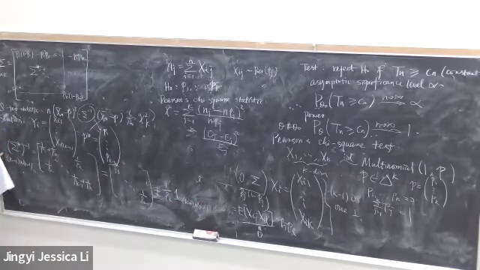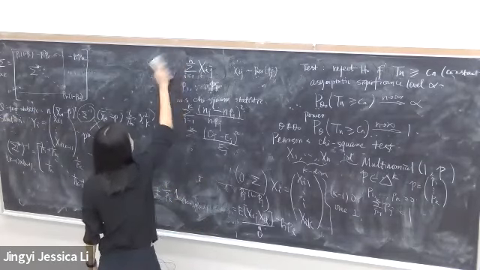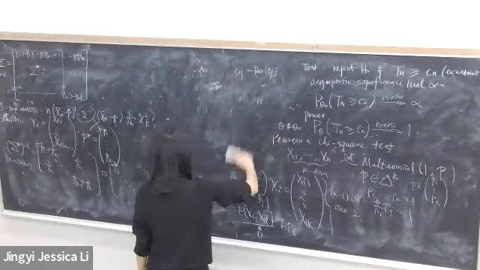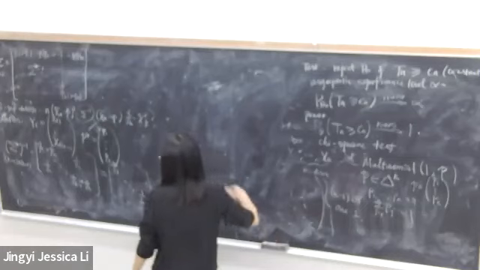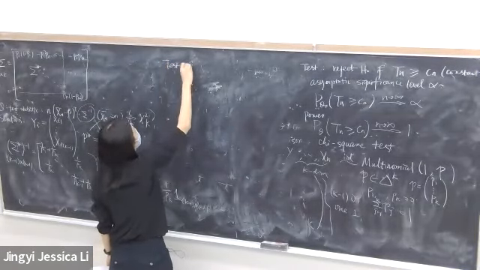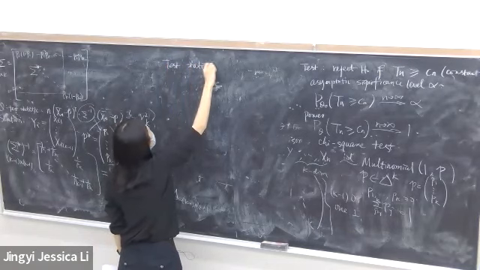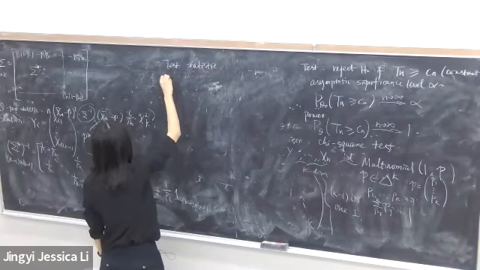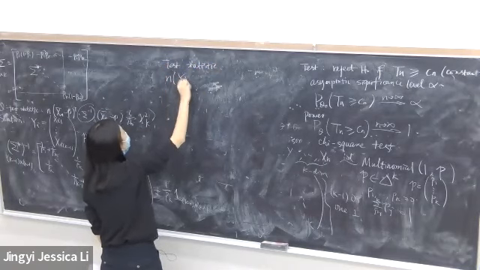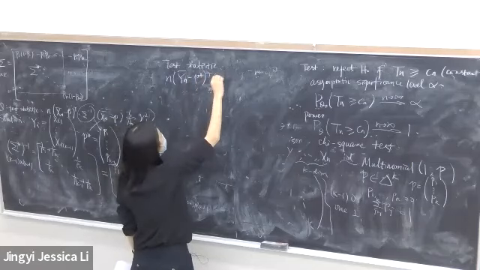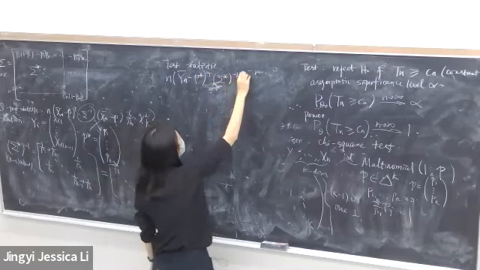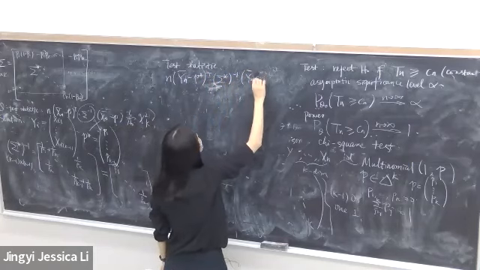With this nice inverse, I'm going to change my test statistic, not this one, but use my new yi's. The test statistic becomes n times (yn bar minus p star) transpose sigma star inverse (yn bar minus p star).